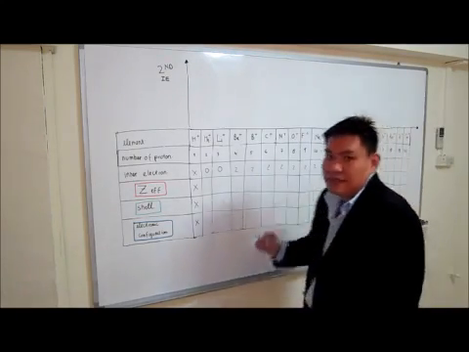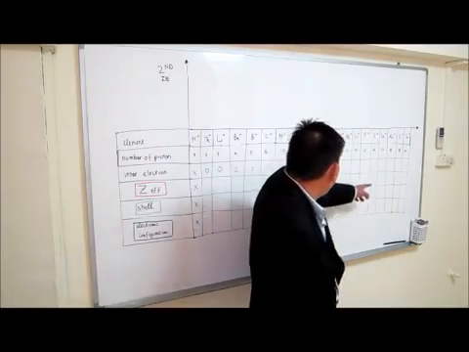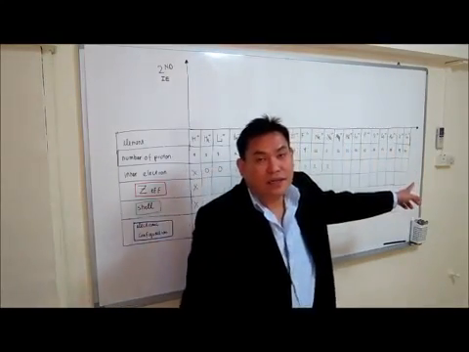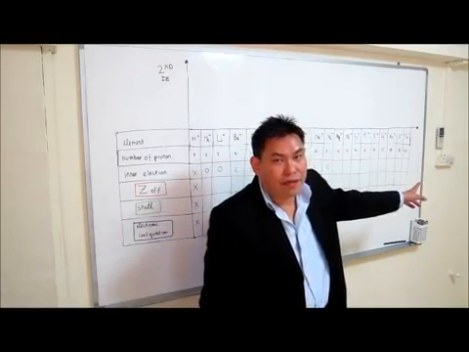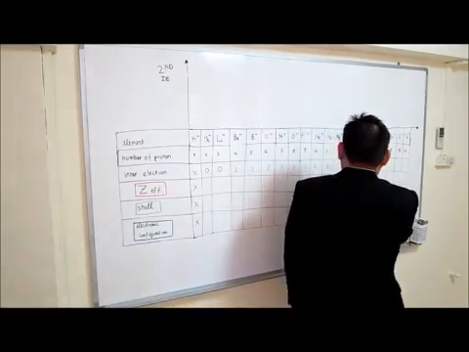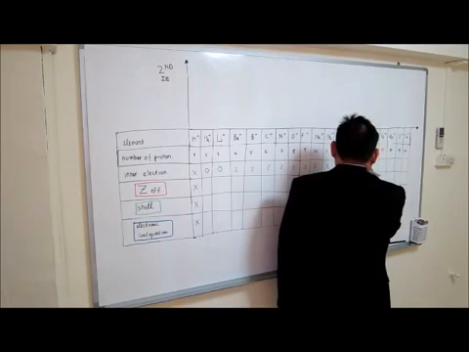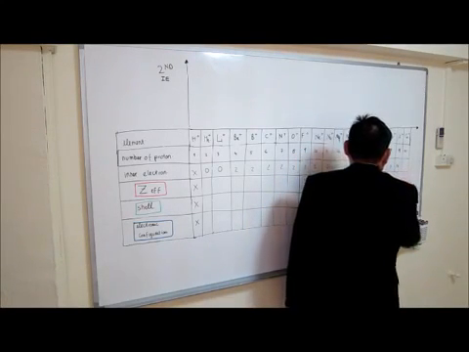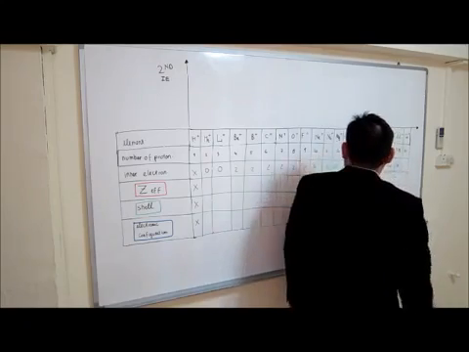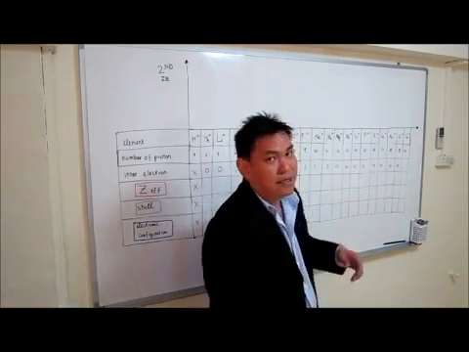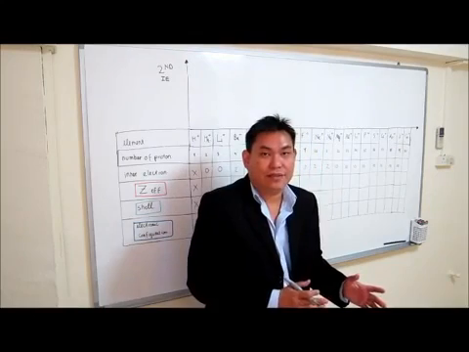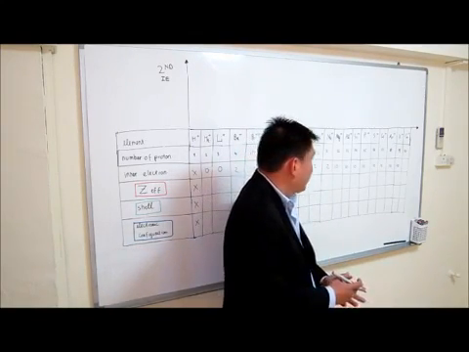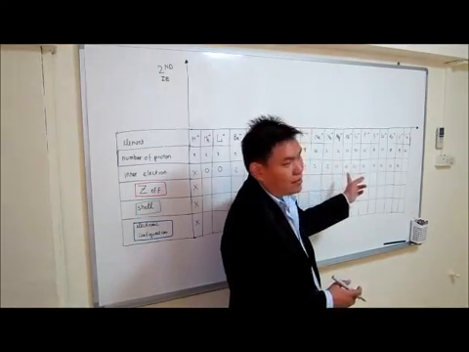From Mg+ all the way until K+, they will have 10 inner electrons. In the case of Mg+, it has 11 electrons, 10 on the first and second shell, and 1 on the third shell.